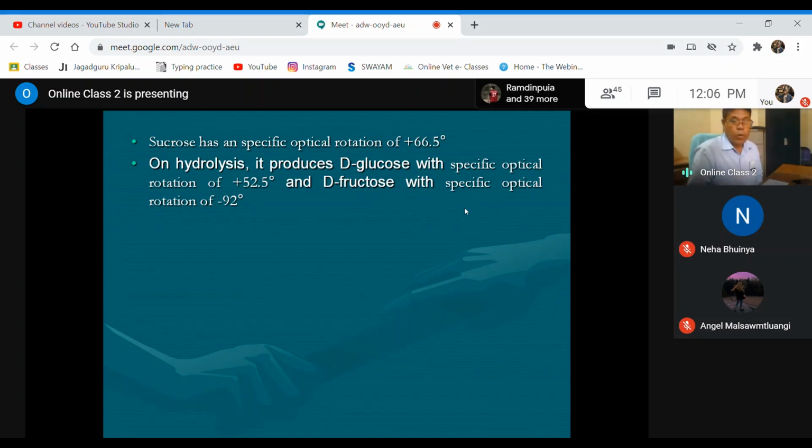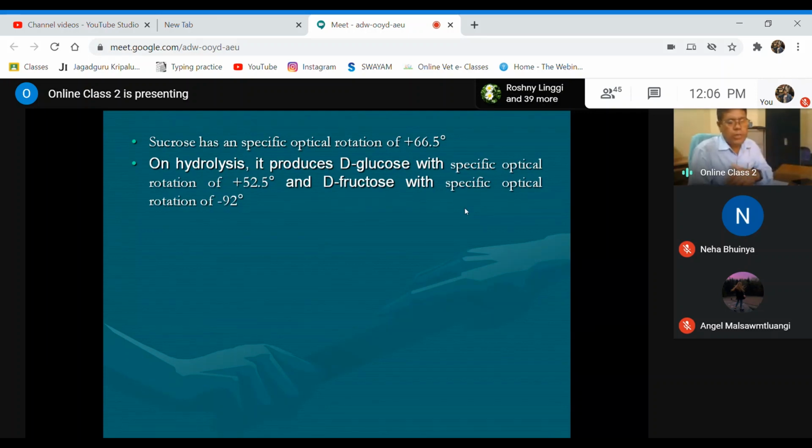The other product formed is fructose. The fructose has a specific optical rotation of minus 92 degrees, which means it is a levorotatory compound. So you have two molecules: one dextrorotatory with 52.5 degrees, the other levorotatory with 92 degrees.